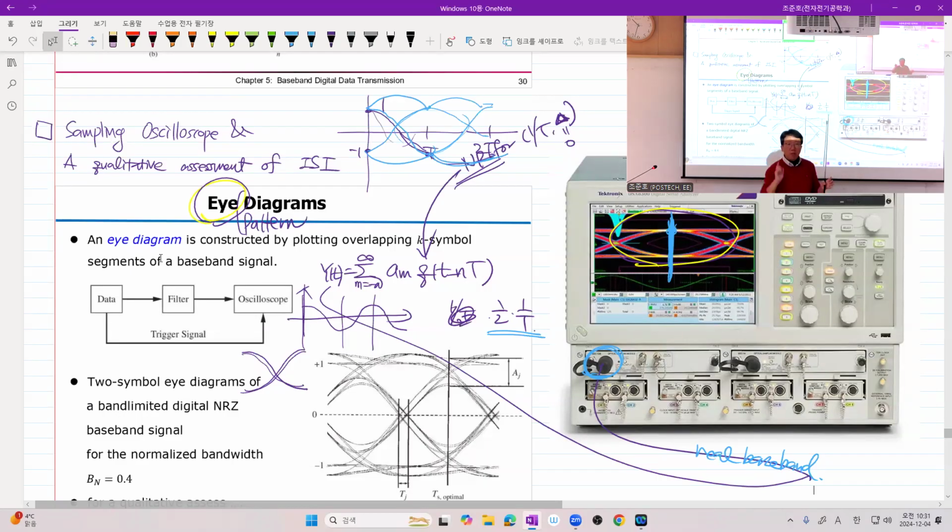If you push some button, you see the so-called two-dimensional eye diagram, which is not covered in our course. But as I say, there are different definitions of eye diagram too. This is kind of a one-dimensional eye diagram, and you may have two-dimensional eye diagrams.